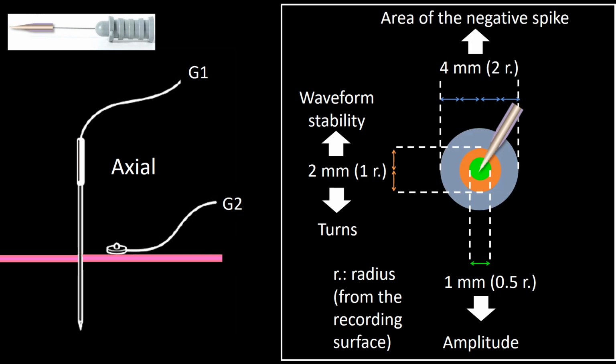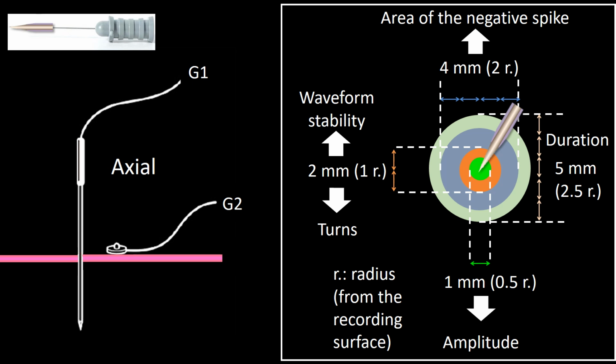The area of the negative spike reflects the muscle fibers' action potentials traveling within 2 millimeters radius from the surface of the electrode, and duration of the potential is dictated by the muscle fiber action potentials traveling within 2.5 millimeters from the surface of the electrode. These conclusions have been drawn from the study of potentials brought about by minimal muscle contraction, but they also apply to spontaneous EMG potentials. So far, we have been talking about axial or monopolar needles, which we hardly use anymore.